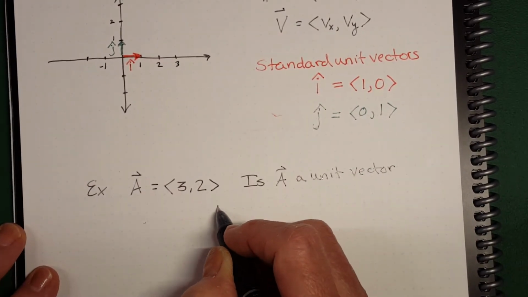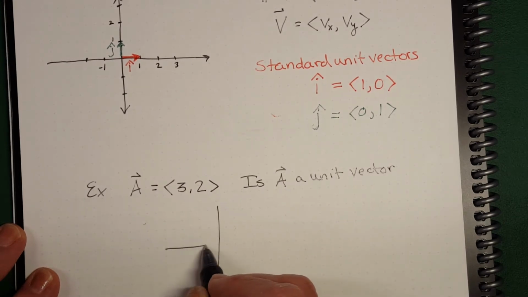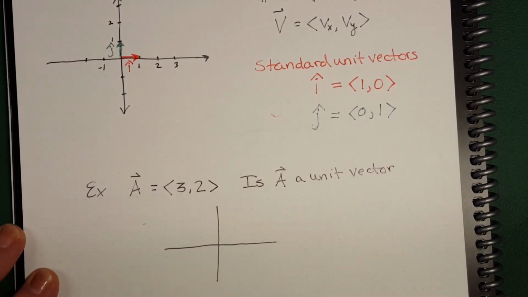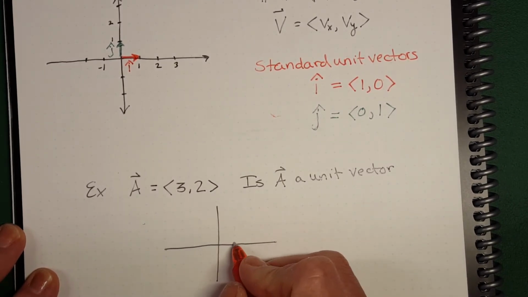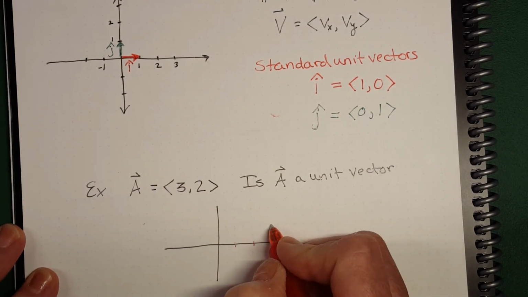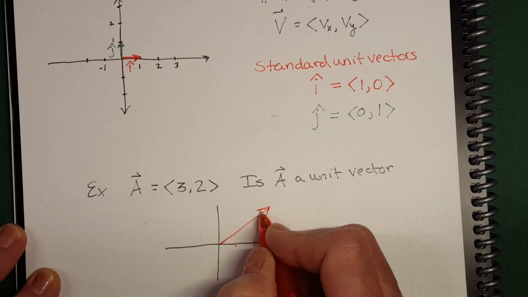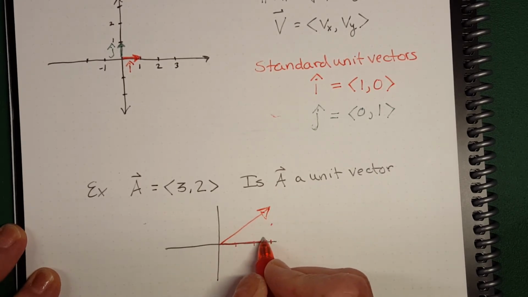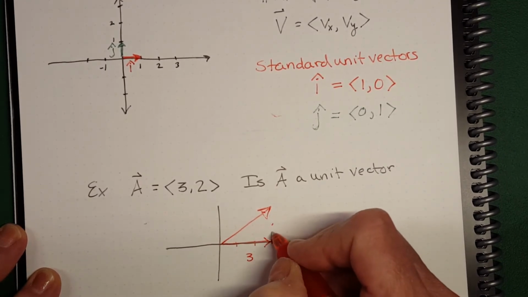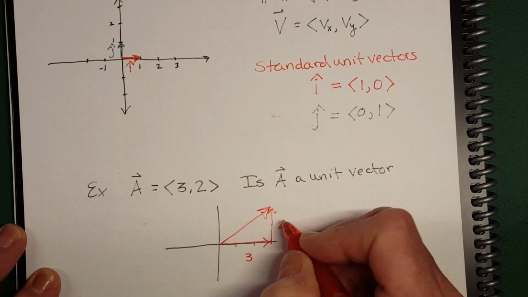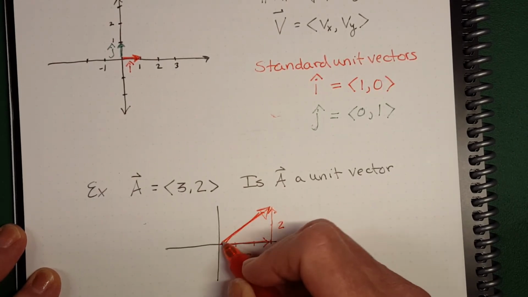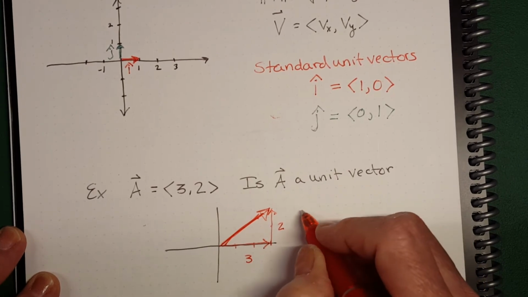Well, let's sketch vector A. I always like to sketch my vectors, so it's going to be 3 to the right and 2 up. I think you can tell by the Pythagorean theorem that if it has a leg of 3 this way and a leg of 2 this way, there's no way that the length of this hypotenuse is 1. But let's check it out.